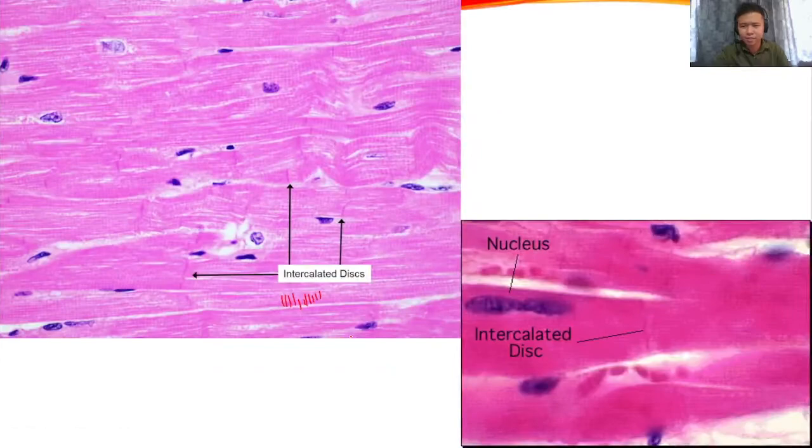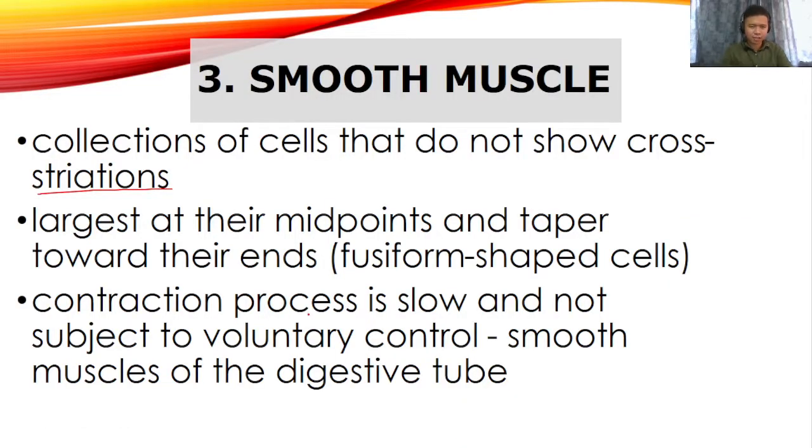So talking about smooth muscle, they do not show cross striations. They are usually called fusiform shaped cells because they are widest at their midpoints and tapered at their ends.